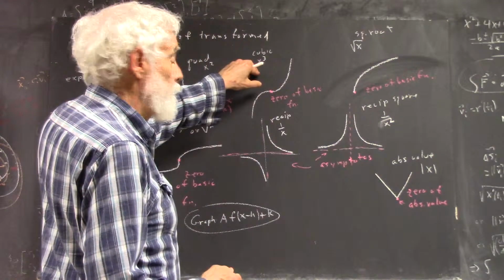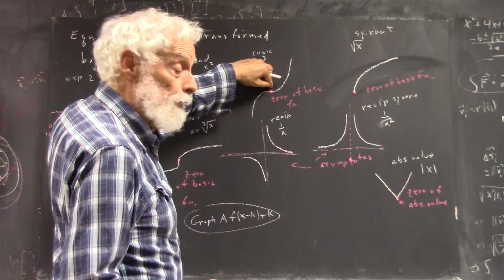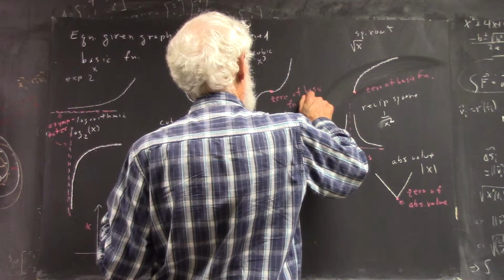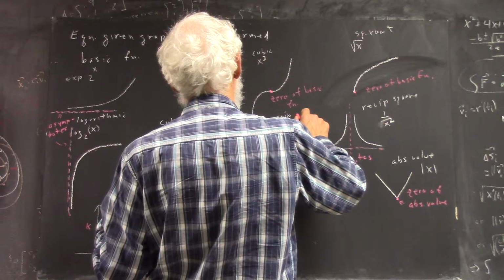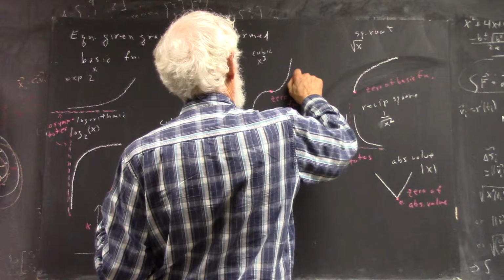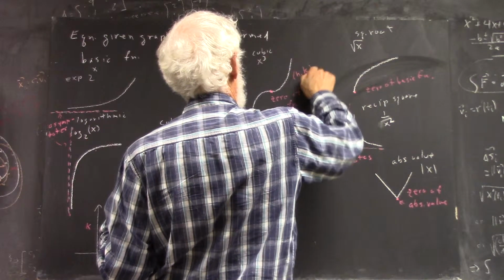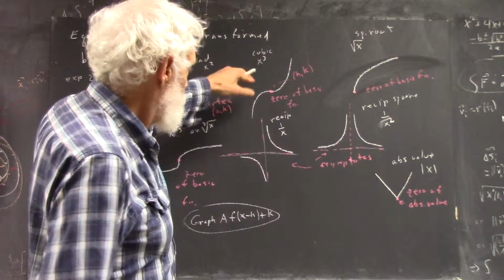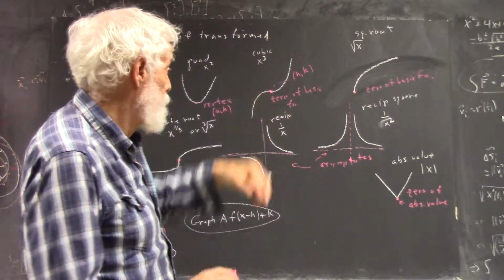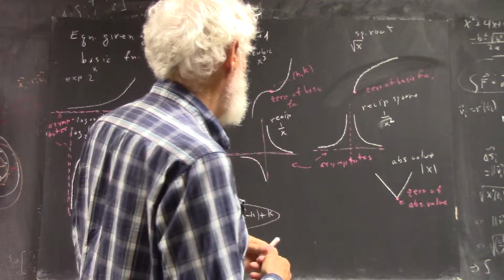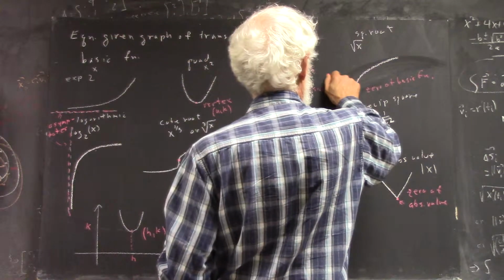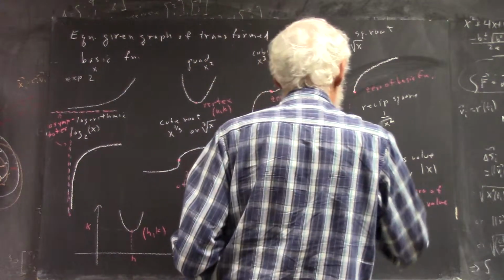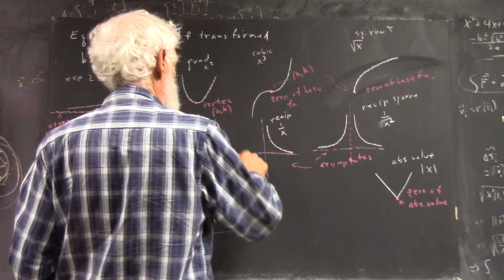The zero of your basic cubic, well, that's at the point (0, 0), so in general, this would be (h, k). But if it was just the basic function, it would be (0, 0). This point would be (h, k). The origin of either of these would be (h, k).